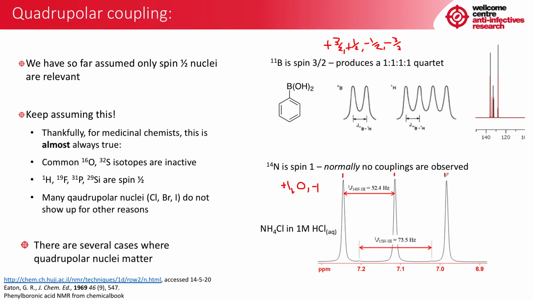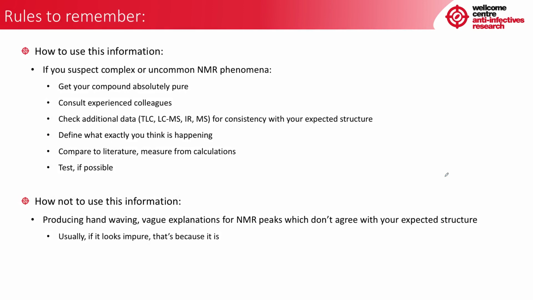Okay, so coming to the end of this, I just want to take a moment to talk about what the procedure is when you see something odd in your NMR. And this is relevant for the various weird things I'm pointing out to you today, but it's also relevant to rotamers and second order effects that we've talked about in other tutorials.